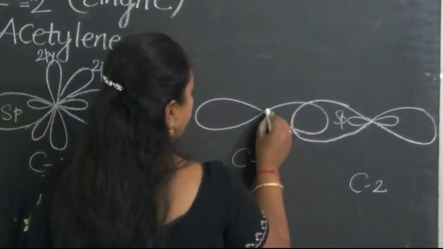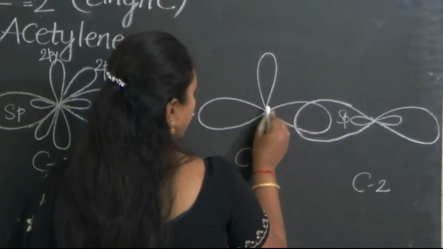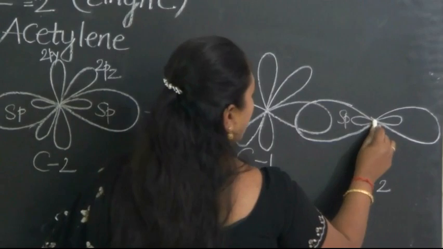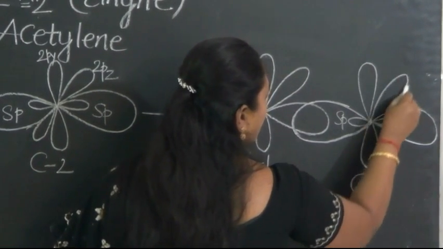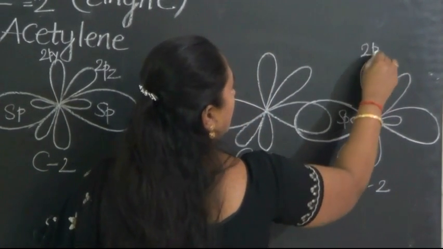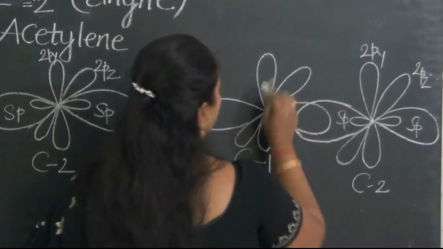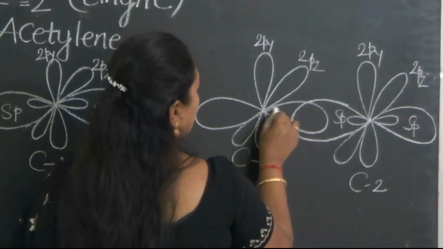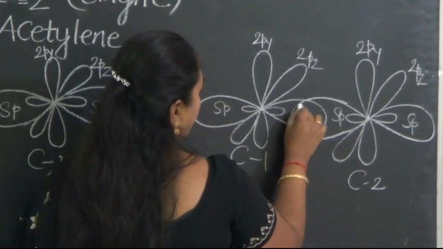Carbon atom number 2. 2py and 2pz. Similarly here also, 2py and 2pz. Let me just label it. 2py and 2pz. So there goes its ribbon, sp and sp.